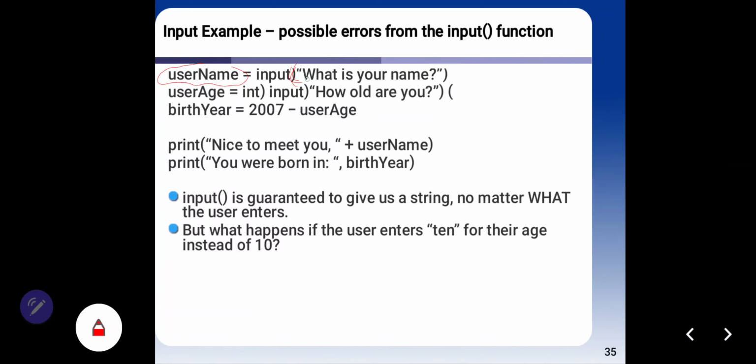Like this, user age integer, input how old are you, birth year minus user age. This name is a variable, and then for displaying on your screen, you can use print.